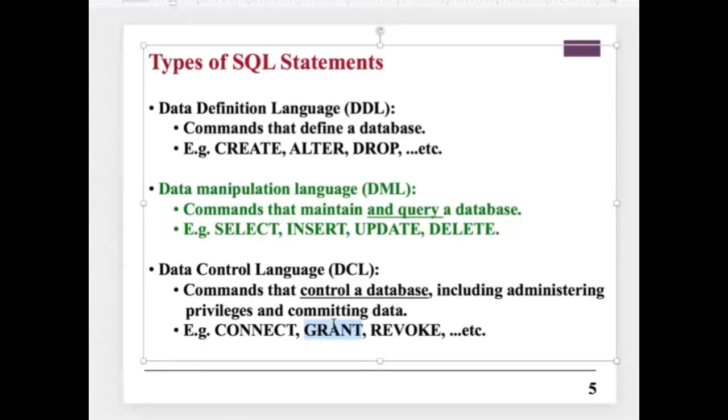Sometimes you allow them only to view the records. So you grant privileges to the users, and in revoke you take the privileges back. In data control language, you are controlling the database that you created.